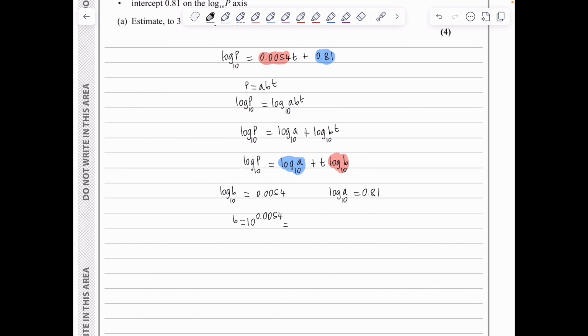If I plug this on the calculator, I get an answer of 1.013, and then A is 10 to the 0.81, and this gives an answer of 6.457.